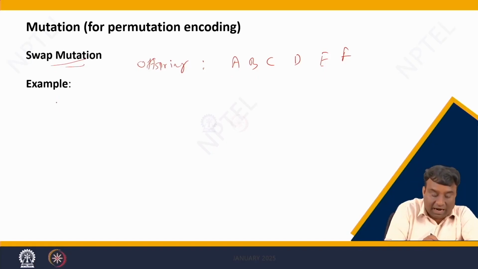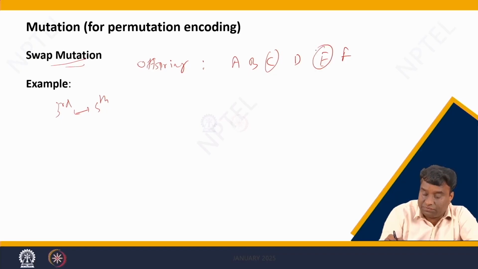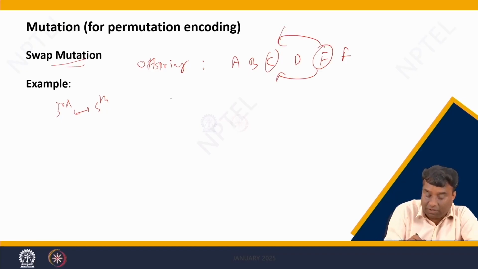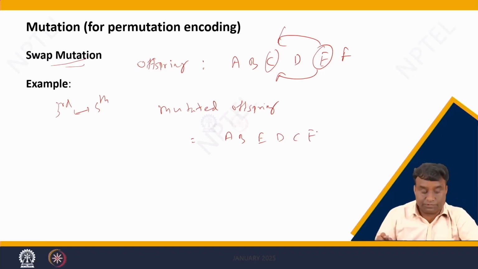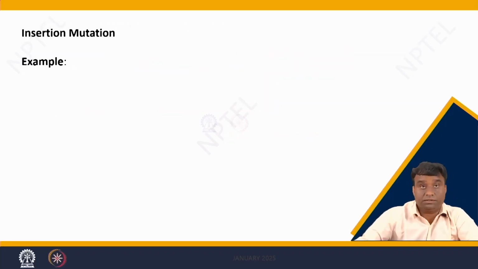Let's say the third and fifth bit. Third and fifth interchange their positions. So this is third, this is fifth, and they interchange their positions. So you will get the mutated offspring as A, B, E, D, C, F. That is swap mutation.